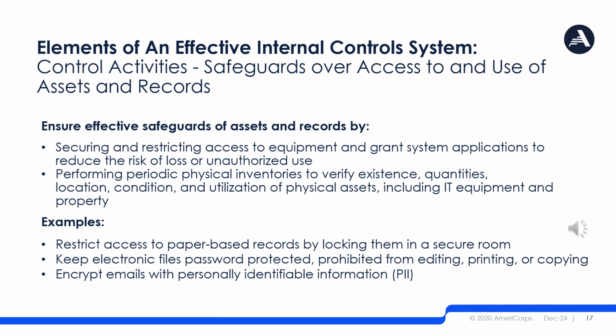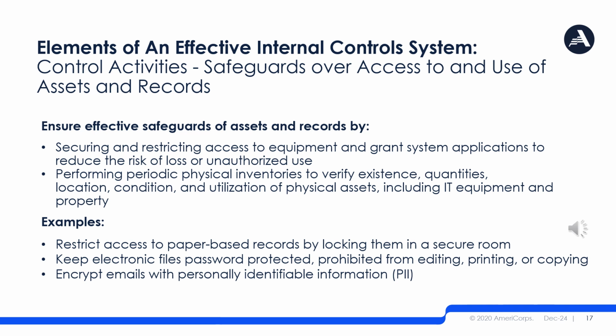For example, if you are an organization that doesn't have an organization control email address, such as Hotmail or Google email addresses for staff, you should look at how these email addresses are deactivated when the staff member leaves the organization. You should also perform periodic physical inventories to verify existence, quantities, location, condition, and utilization of physical assets, including IT equipment and property.